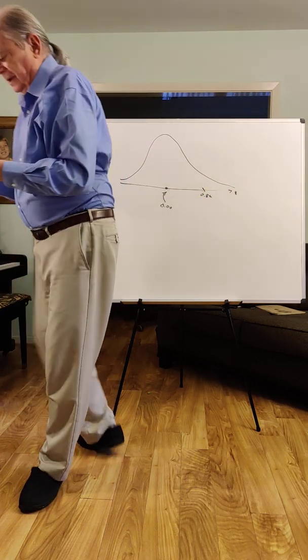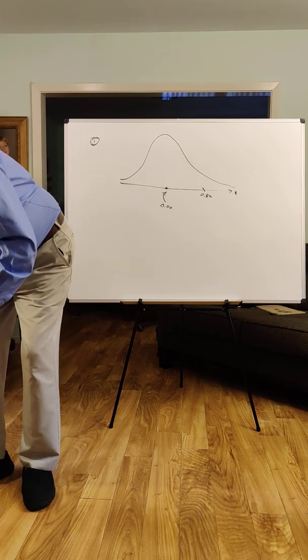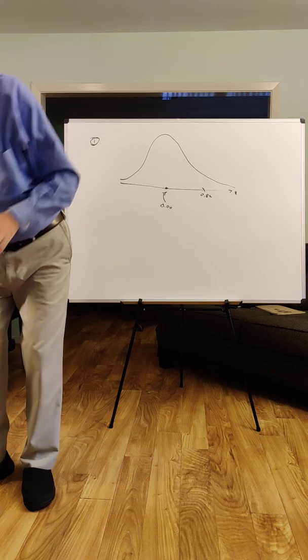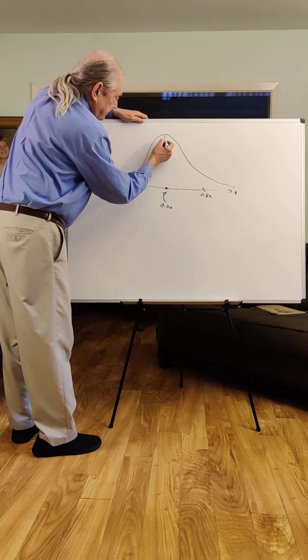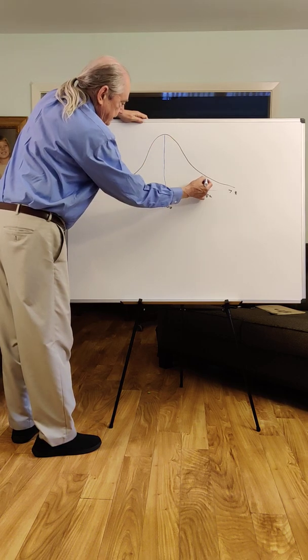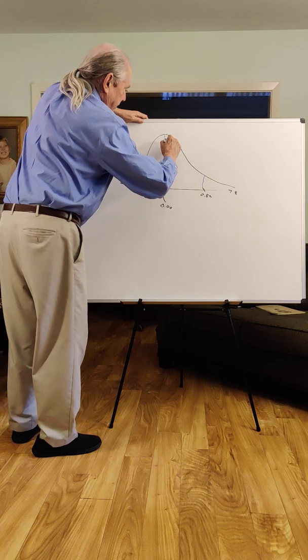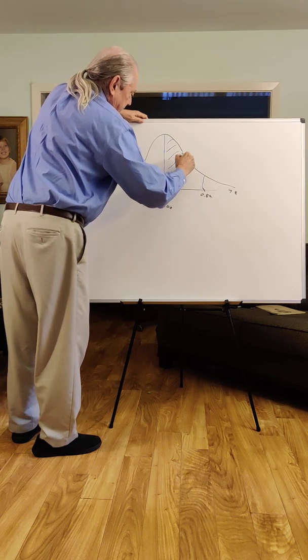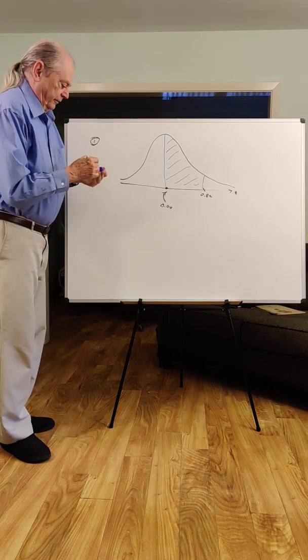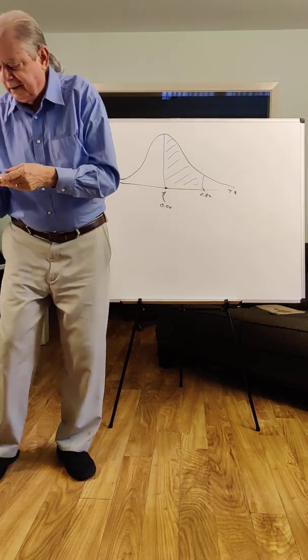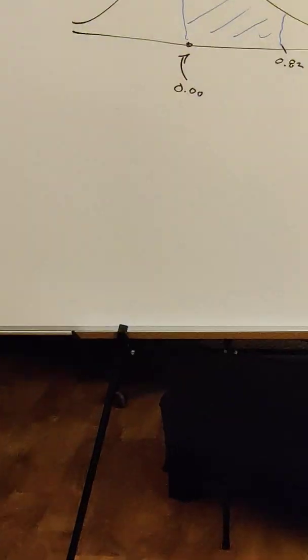What we're trying to find, let me try a different color, maybe it'll be better, is the area that I'm shading here. So here's how we would notate that.